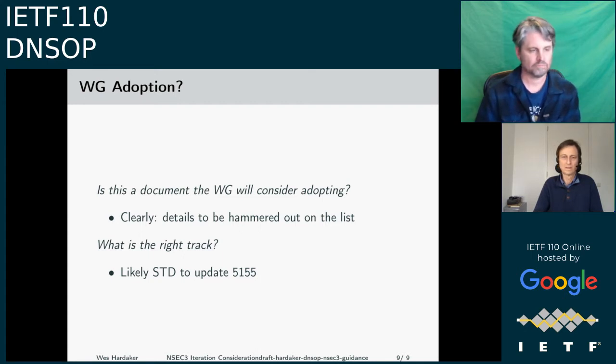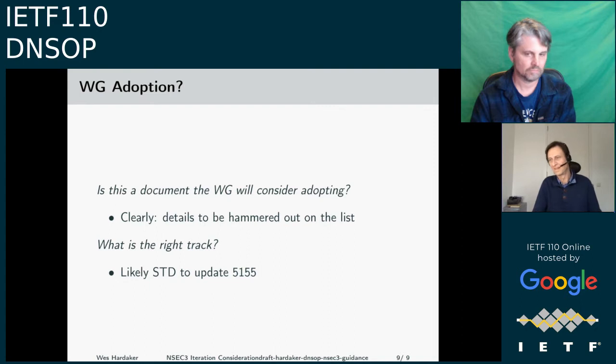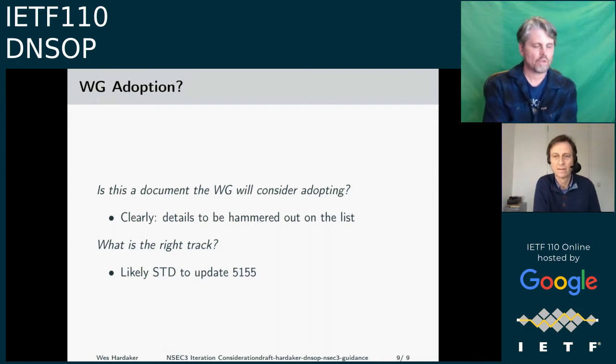So I wouldn't even discuss SALT. Wouldn't even discuss opt-out. It's not a BCP. I think it's a standards track if you want to lower the cap value. Anyway, good work. As you know, we've talked about this before, and I'd rather have insecure rather than SERVFAIL. Thanks, Wes.